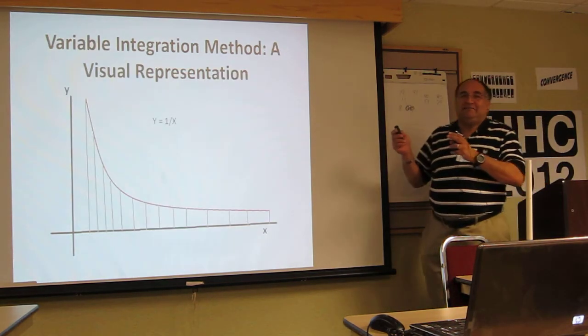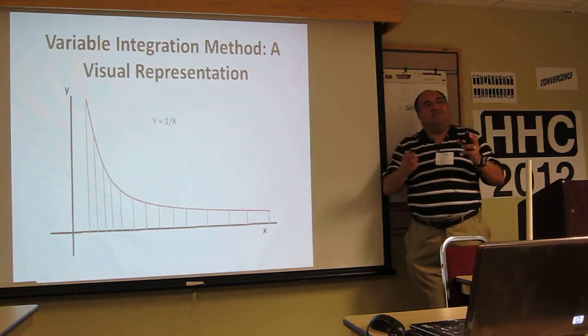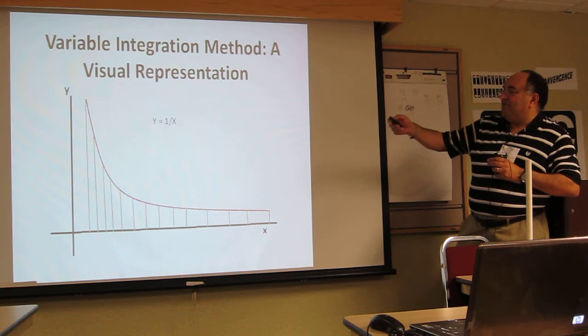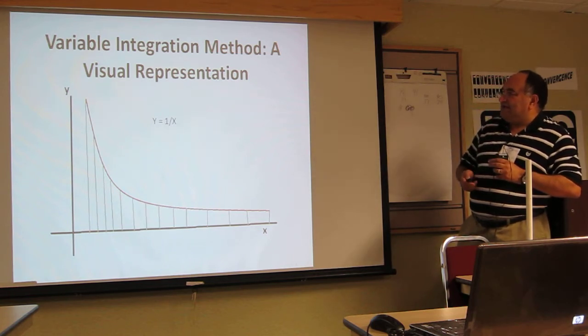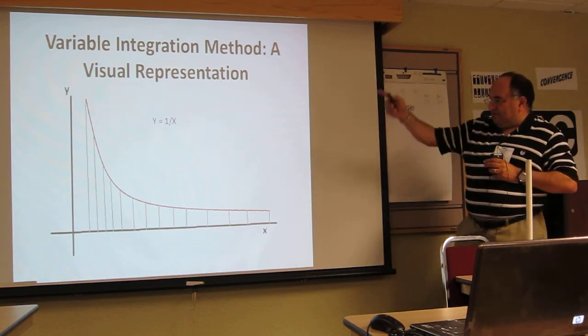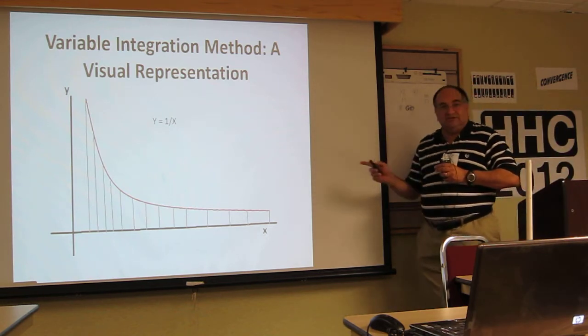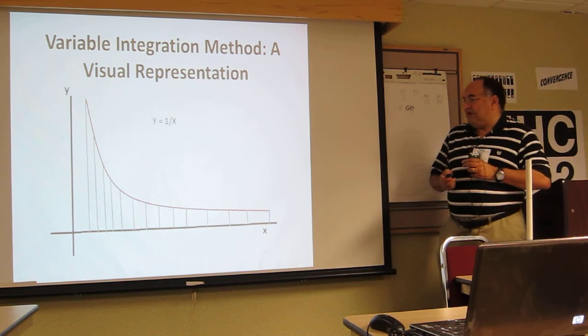I'm going to explain the method briefly in visual form first before I get into more details. This is a depiction of, say, y equals 1 over x, and I have the function in red, and then the intervals that make up the integration range.